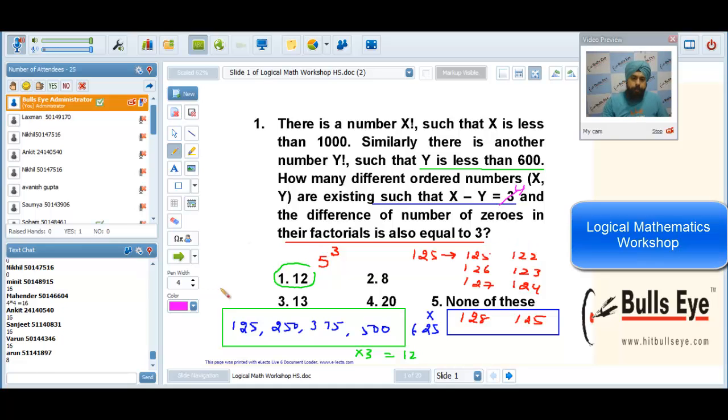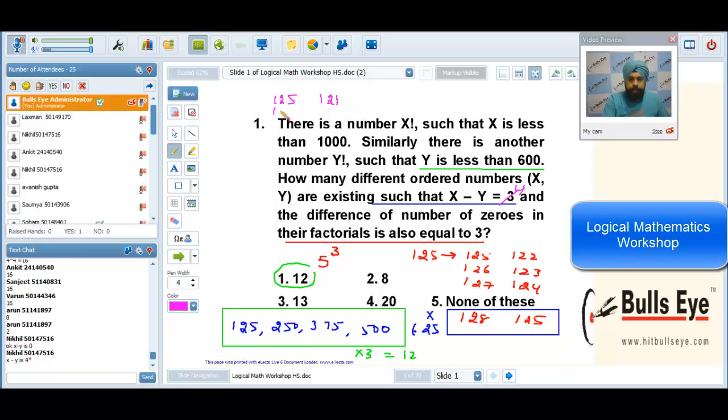Now, how many numbers can you find so that they have a difference of 4? I take, say, x to be 125 and y to be 121. They have a difference of 4. The difference in the number of zeros between them happens to be 3.